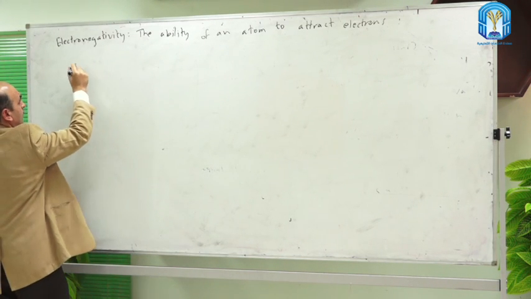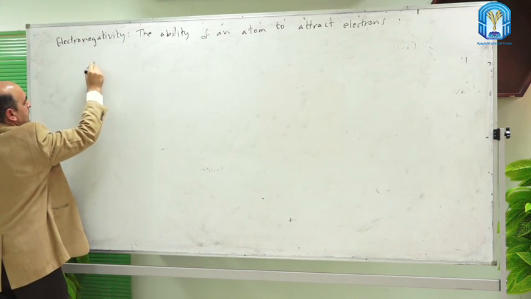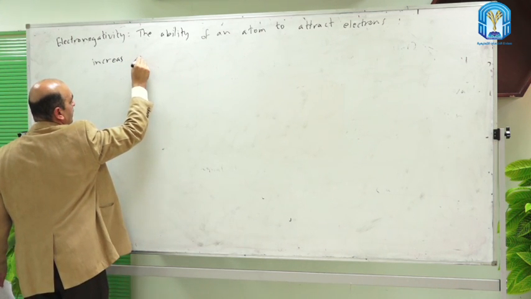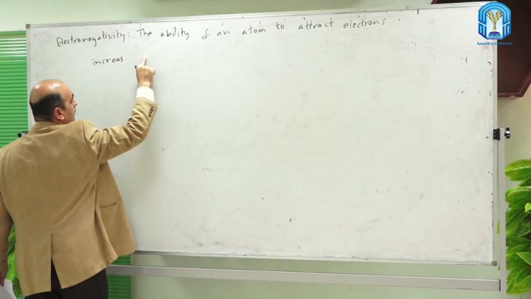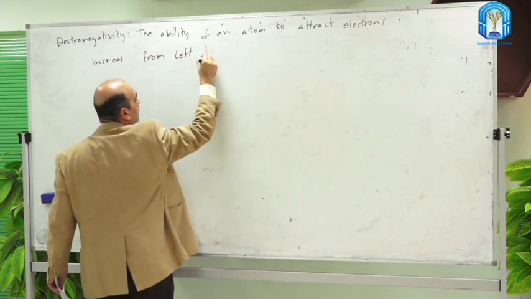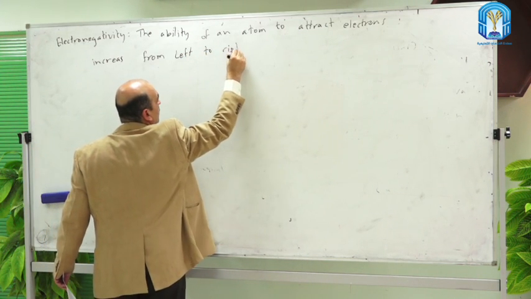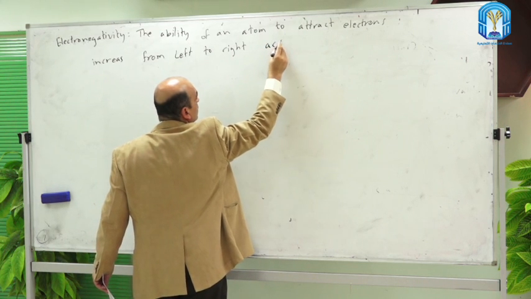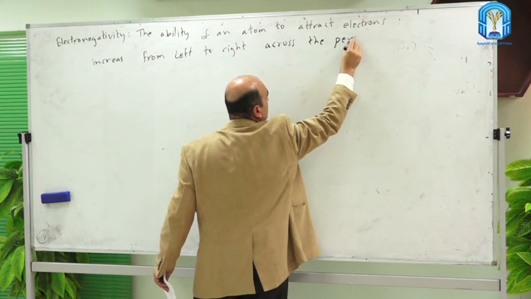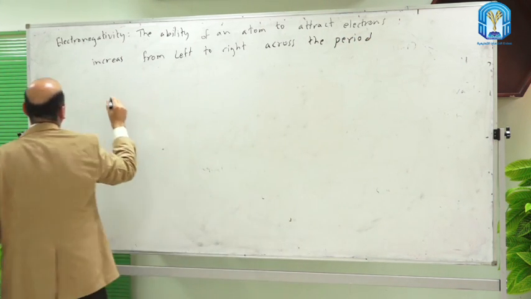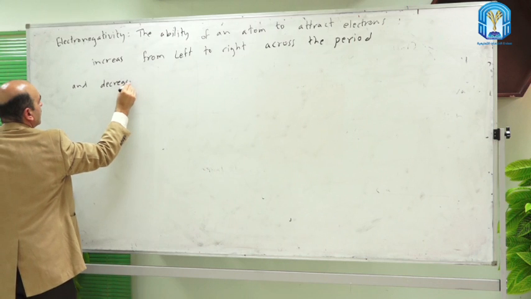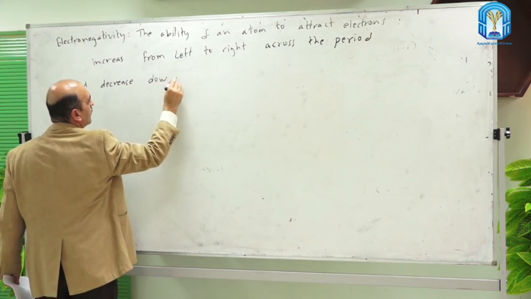In the periodic table, the electronegativity increases across a period from left to right, and decreases down a column.